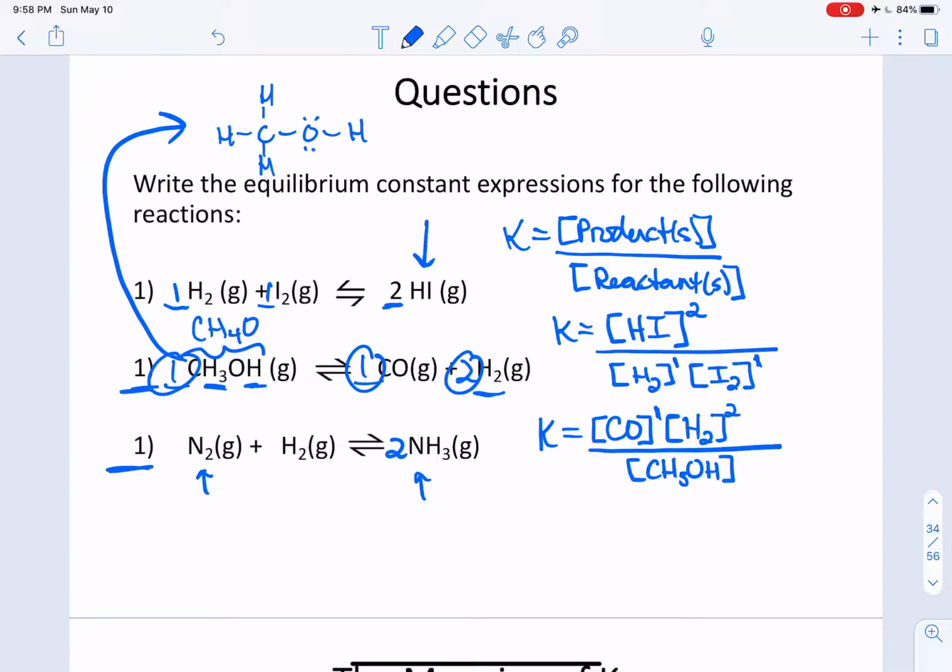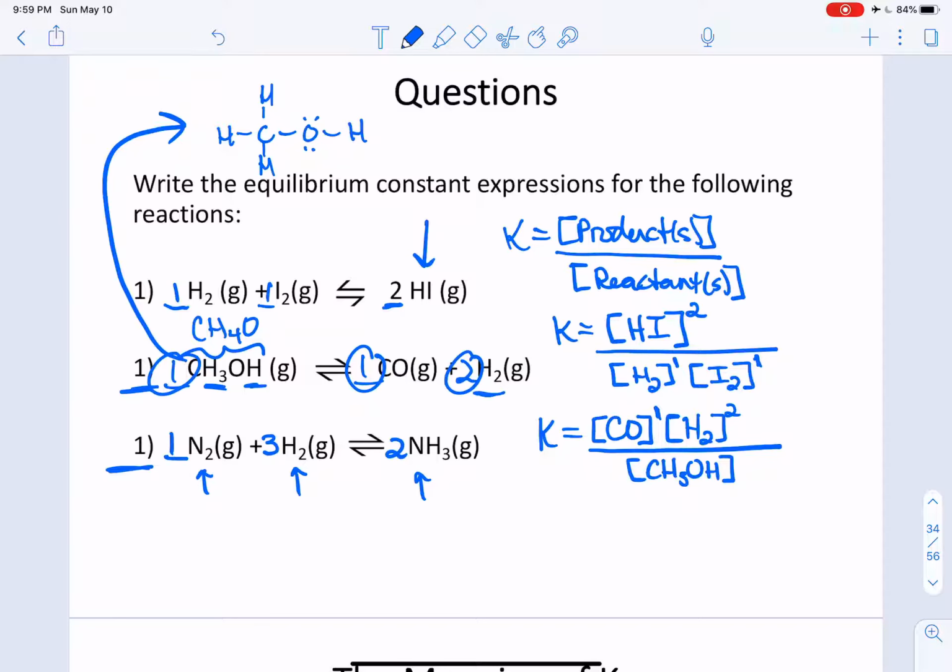Now, that means that now I have 6 hydrogens, because 2 times 3 is 6. And on the reactant side, the hydrogens come in pairs. So in order to get 6 individual hydrogens, how many hydrogen molecules, H2, do I need? I need 3, because 3 times 2 is 6.